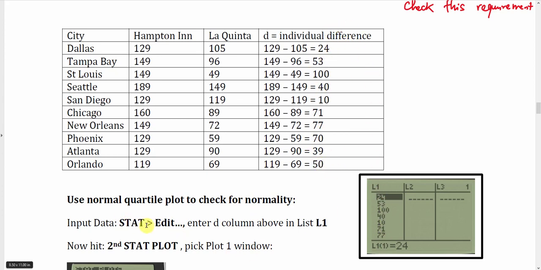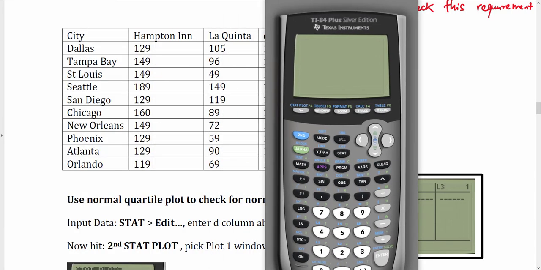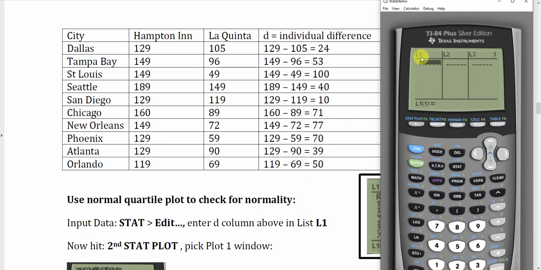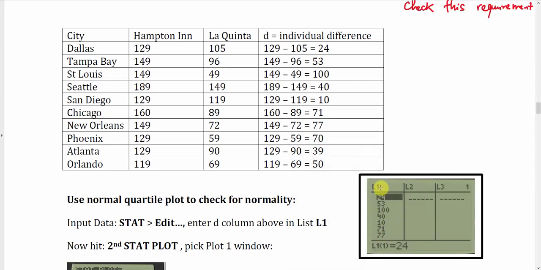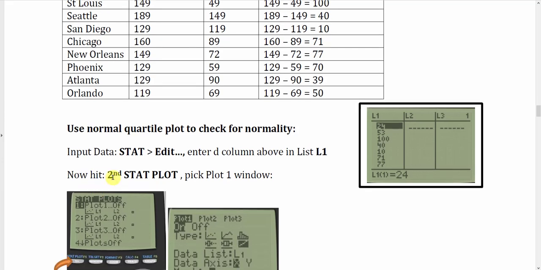So go ahead and click Stat and Edit. Then in L1 we enter all the numbers, 24, 53, 100, and so on, into the column of L1.